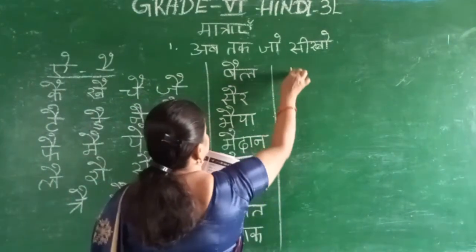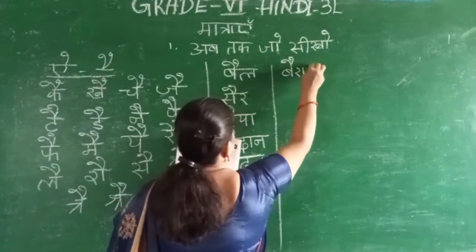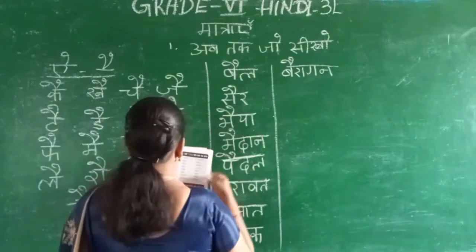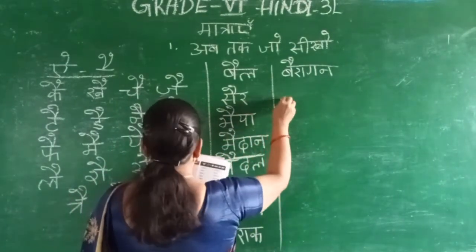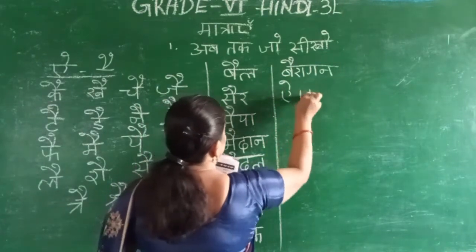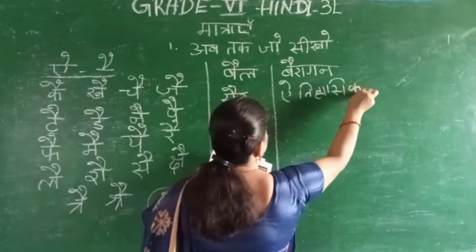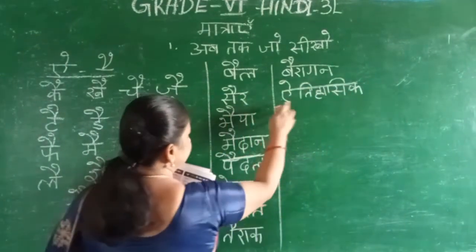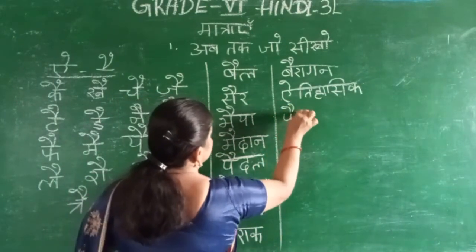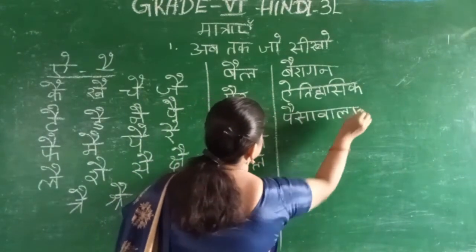Next, Bairagana, Bairagan. And Aitihasika, Aitihasik. How to pronounce? Aitihasik. And Paisavala, Paisawala.